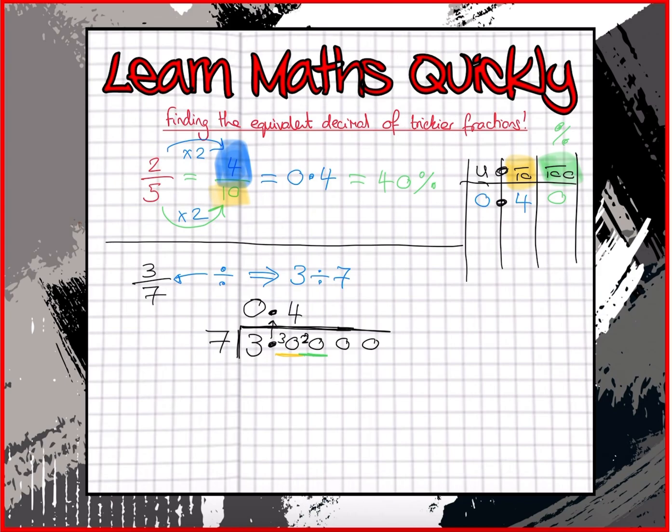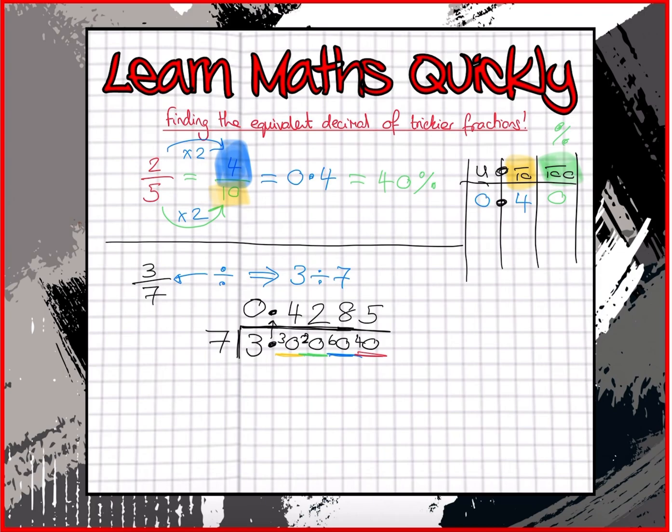Again, this time we count up in our 7s, 7, 14, that's the closest we can get to it. So 7 times 2 is 14, with a remainder of 6 to get to 20. Again, we're now looking at how many 7s go into 60, and that's 7 times 8 is 56, with a remainder of 4. And then it goes on and on and on, so we can then go how many 7s into 40, and we know that that's 5.